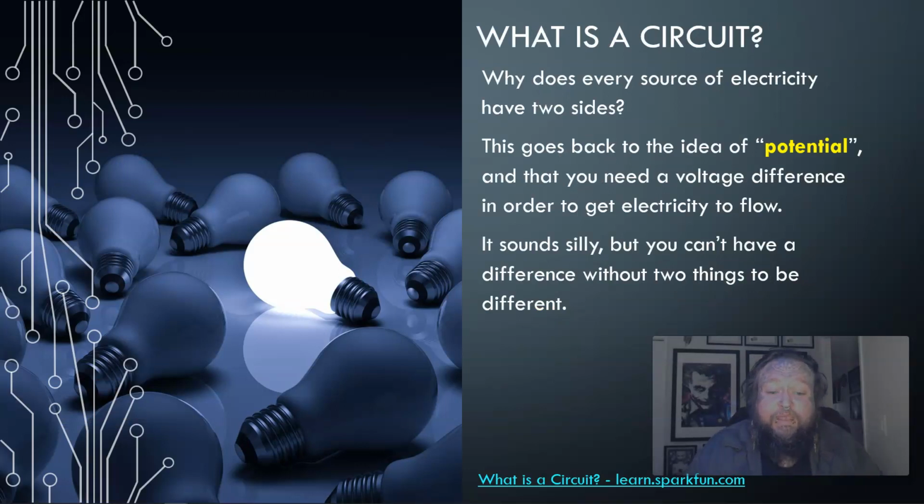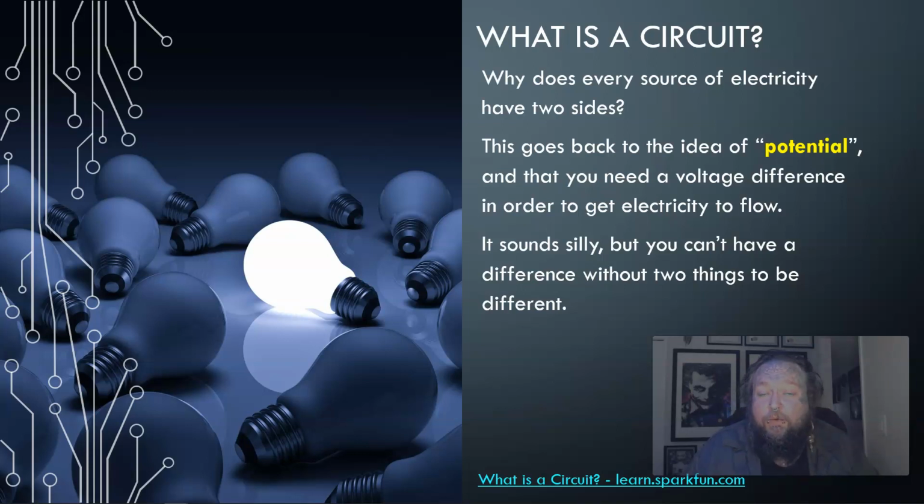So building up again from what a circuit is, why does every source of electricity have two sides? This goes back to the idea of potential or pressure: you need a voltage difference in order for electricity to flow. It sounds silly, but you can't have a difference between two things without having two things.